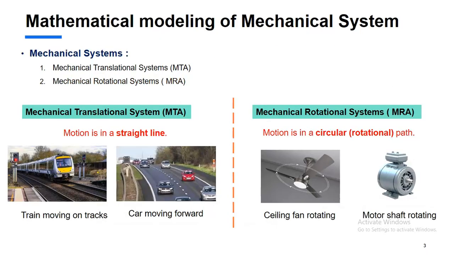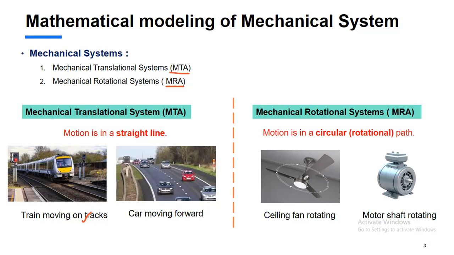Let's see the mathematical modeling of mechanical systems. Generally, we have two types of mechanical system: the mechanical translational system, which I am going to call MTS, and the mechanical rotational system, which we will call MRS. What is a mechanical translational system? Here the motion is in a straight line. Examples: a train moving on a track, a car moving forward.